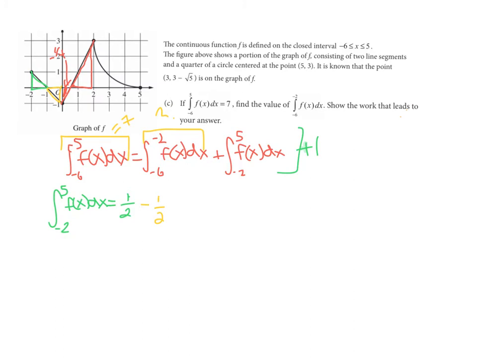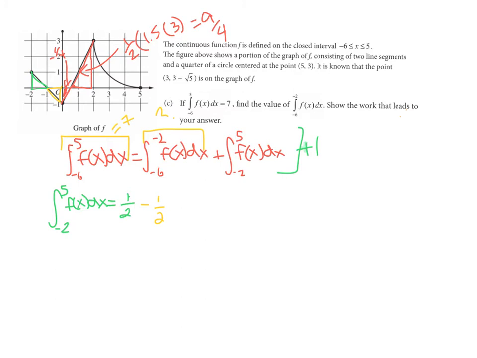If you were to find the area of this triangle, you would do 1/2 times the base, which is 1.5, times the height, which is 3, which would give you 9/4. And then if you subtract 9/4 minus 1/4, you would get 8/4, which is 2.